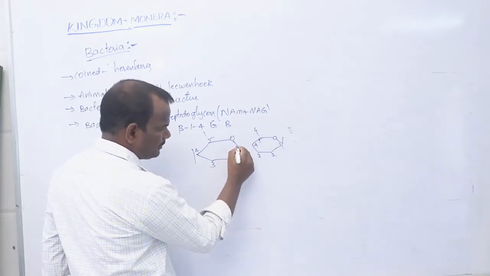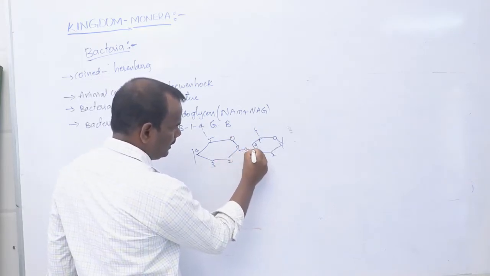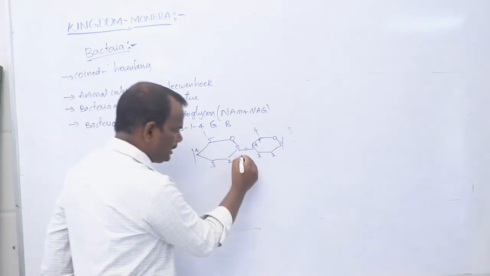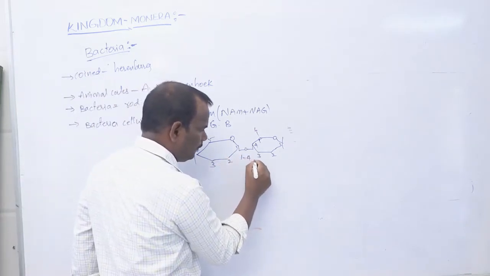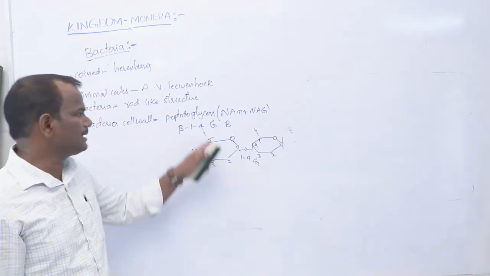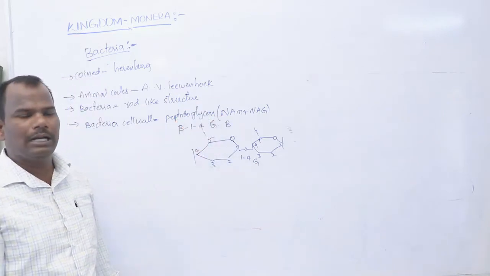So this bond is called beta 1,4 glycosidic bonds, present in this peptidoglycan.